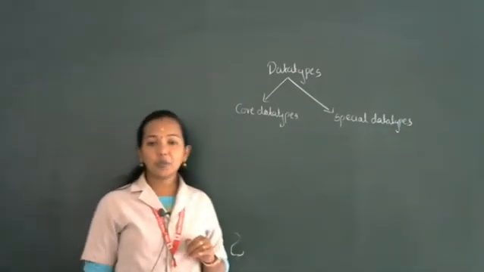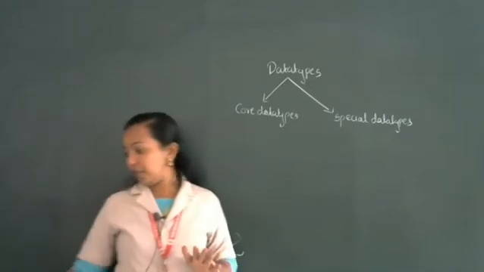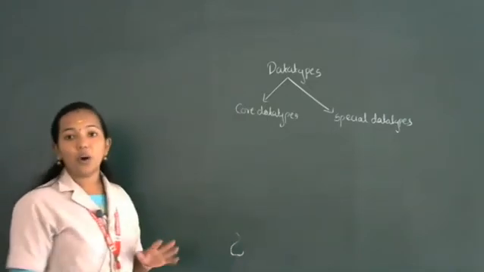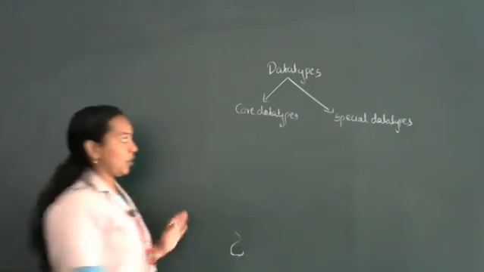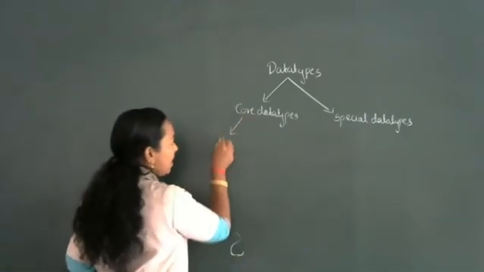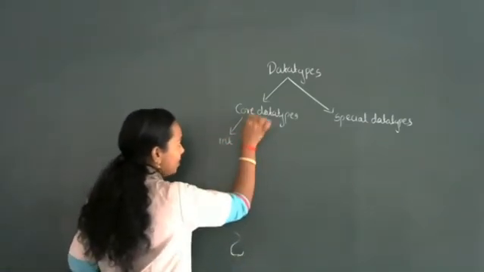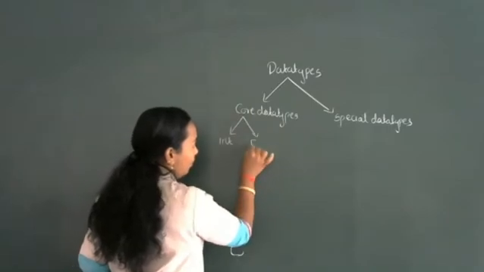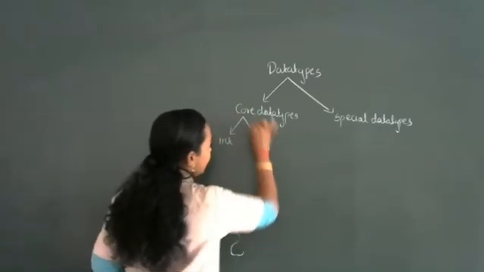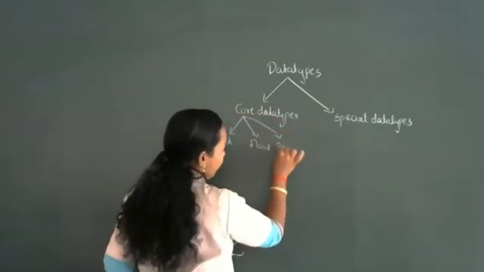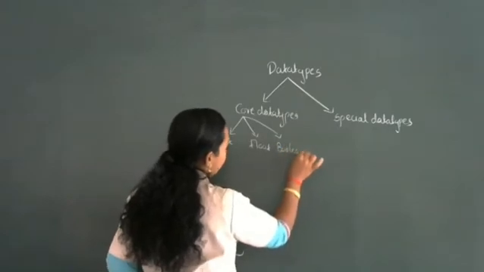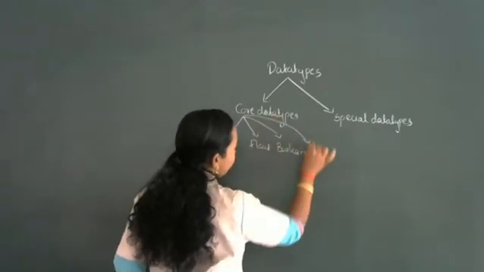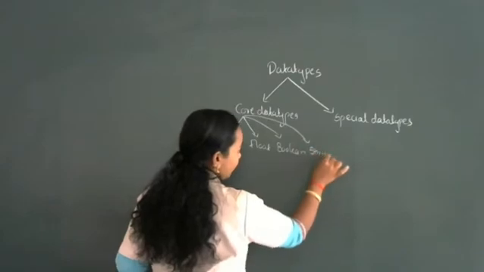Core data types means the fundamental data types that we are using: int, float, boolean and string. Core data type examples are int, float, boolean, then one more, string.